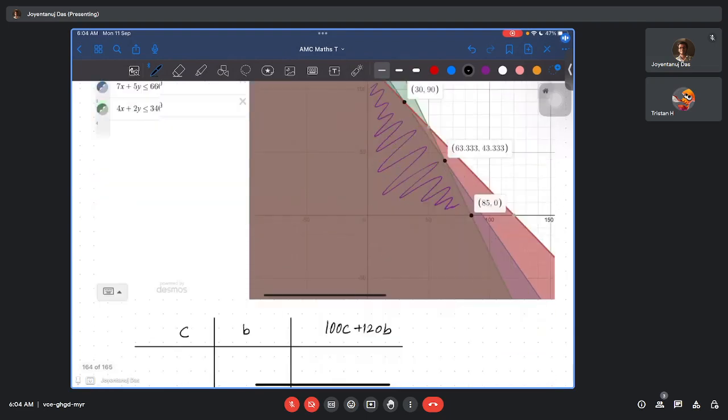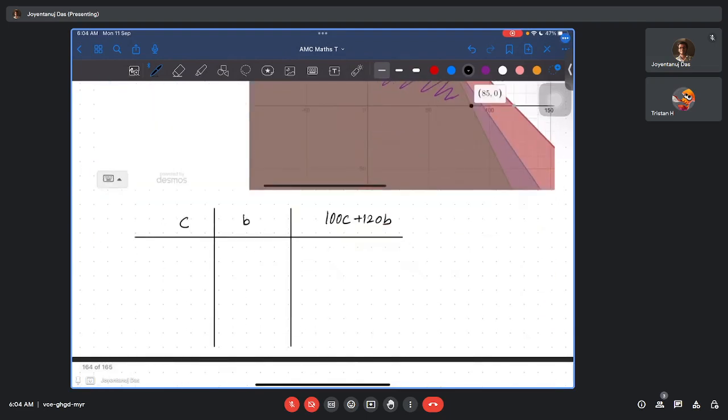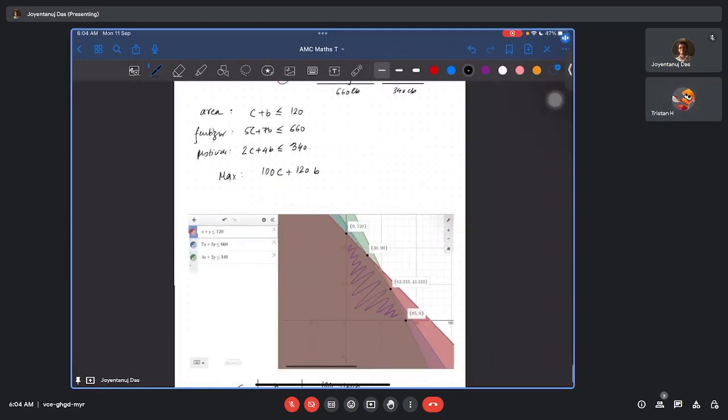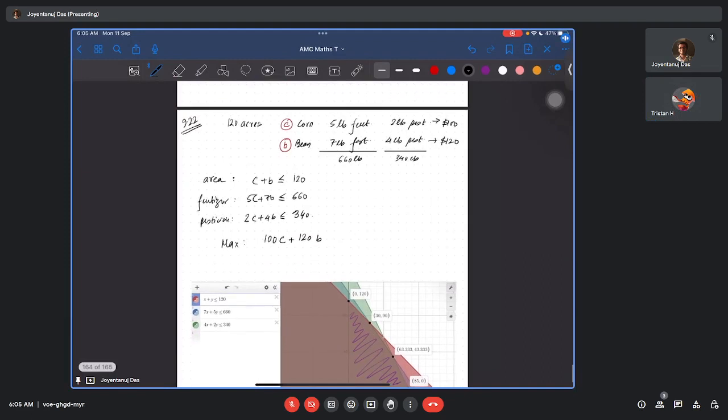So 0 and 120. So this will be easy. Just, I think it is opposite, right? 120C plus 100B, right? I think this one is.